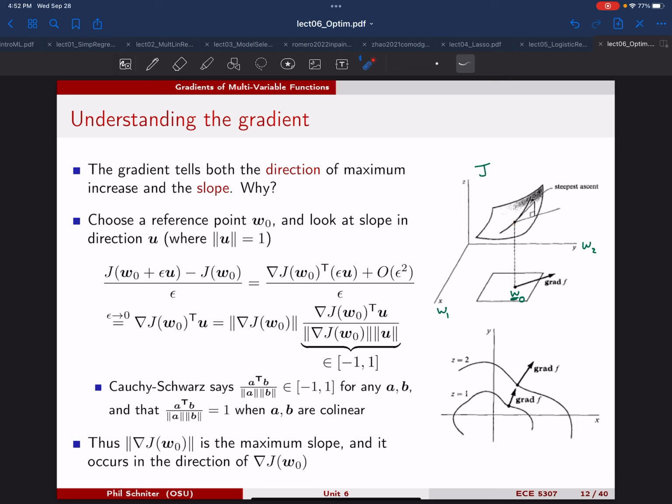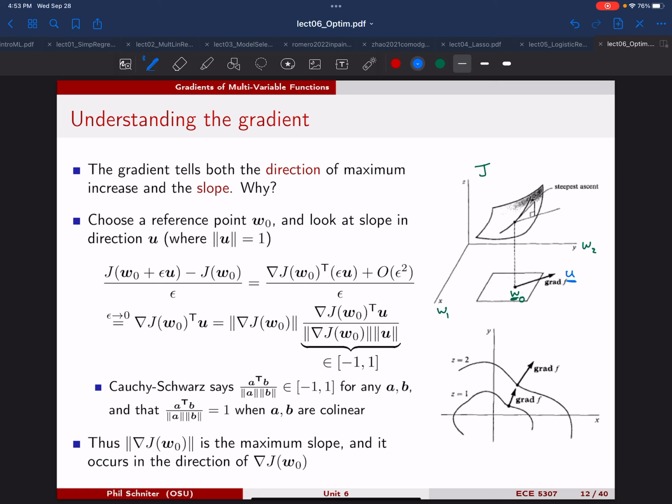Now you might say, in what direction do I need to travel to maximally increase that function? Based on this picture, it seems like I need to move in this direction, and that's going to make me increase quickest. If I moved in this direction, you can see it's not increasing as much there. It seems to be increasing most along this direction here. So let's give this a name. On this slide, we're going to call the direction we're moving in U.